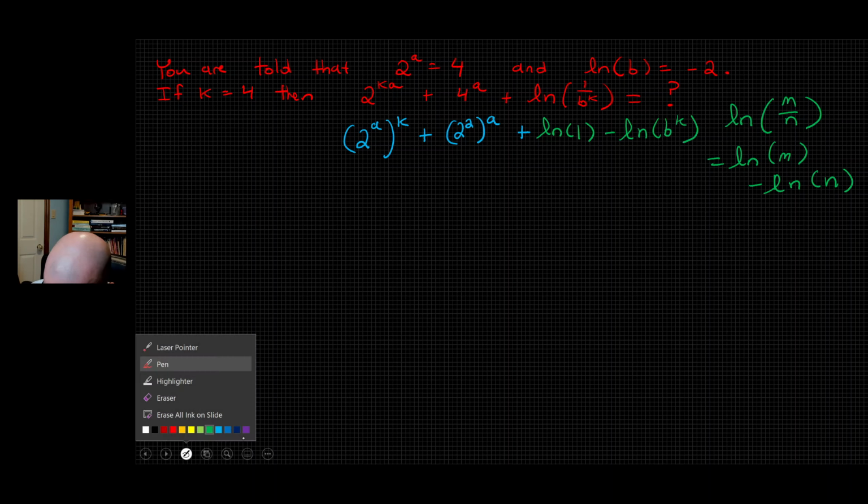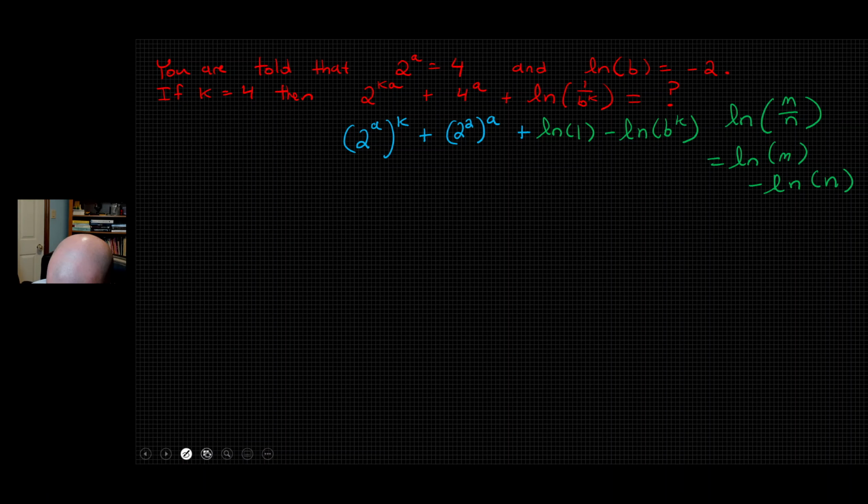And at this point, we could have plugged in k, but I'll keep going. 2 to the power of a is 4, and I'll put k here still. I'll do that next. Then we have 2 to the 2 all to the a. Well, that's the same thing as 2 to the a all to the 2.